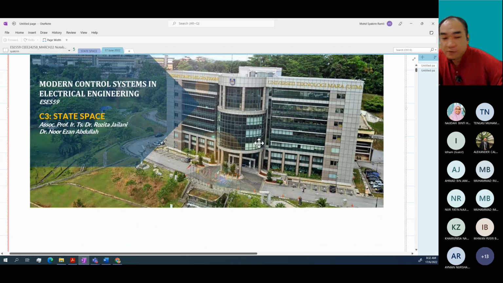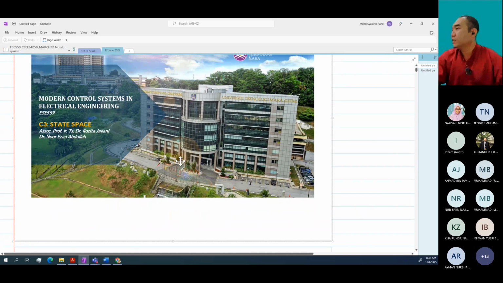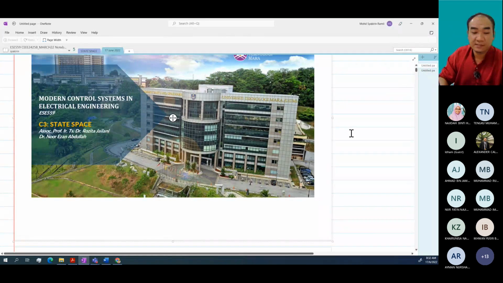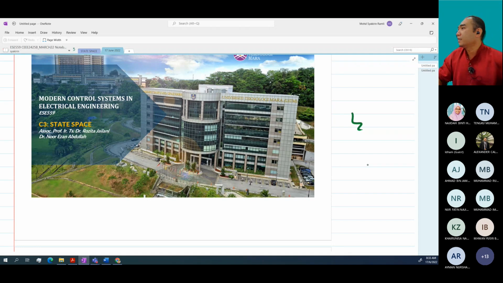For example, if I do editing from my side, will you be able to see whatever notes I wrote down on my screen here? Is it going to appear on your side?